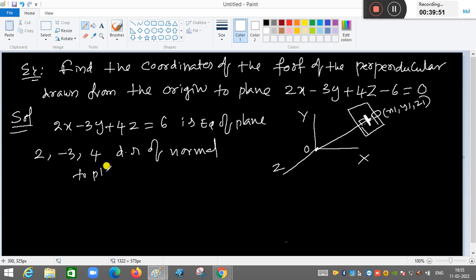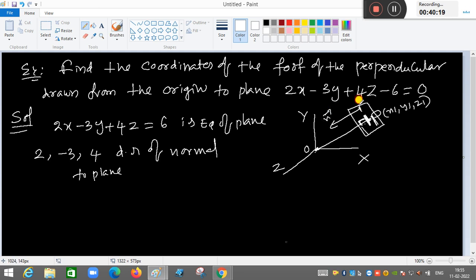See here, this is the distance. OP is the distance from the origin to the plane. Distance means perpendicular. So this is perpendicular. This is also a perpendicular. But here the normal direction is, so this is the normal.